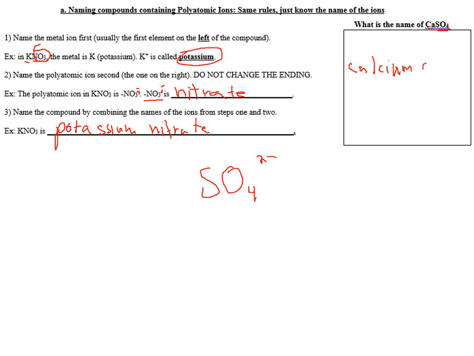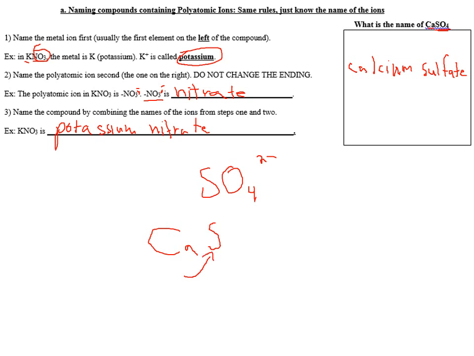That's sulfate, so calcium sulfate. Not sulfite, that would be SO3. So you're not even changing the ending, okay? Now don't confuse that with sulfide. Calcium sulfide would be this, CaS, because you change the ending of sulfur to sulfide, okay?